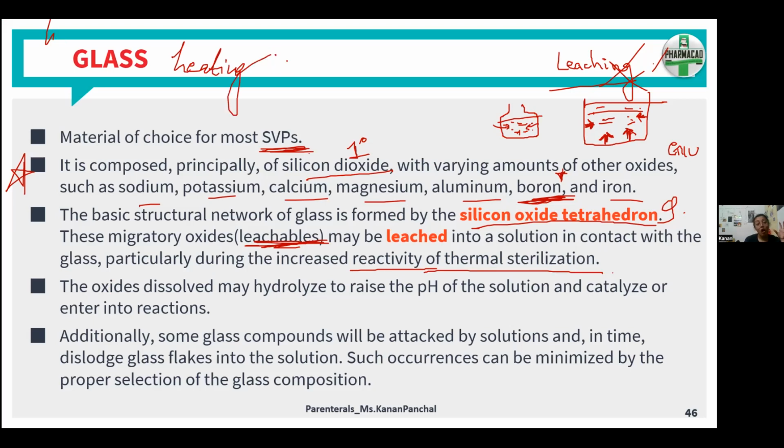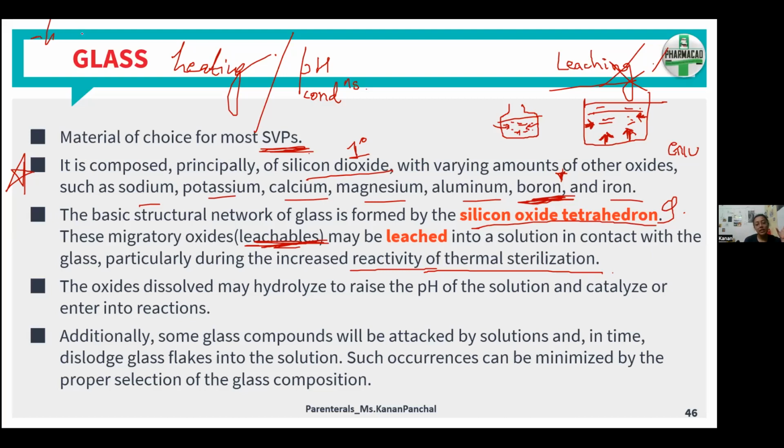All right. Not only heating, even pH conditions. Even certain pH conditions, अगर pH conditions formulation में वैसे है कि it is good, it is favorable for these oxides to get into, then that also happens. All right. So that is what happens.